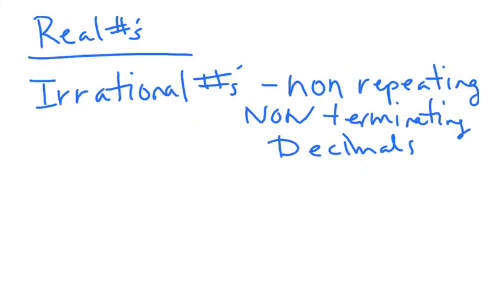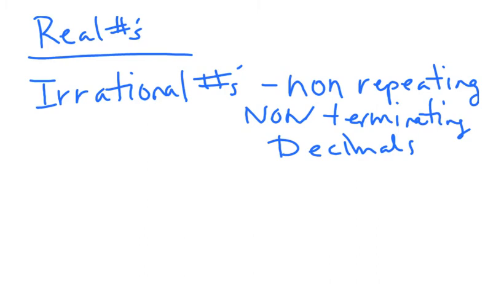Now, irrational numbers are also real numbers, but they don't have any of the other groups with them. Irrational numbers, they don't include whole numbers. Irrational numbers don't include integers. They don't include rational. They're irrational. The only things that are irrational numbers are non-repeating, non-terminating decimals.